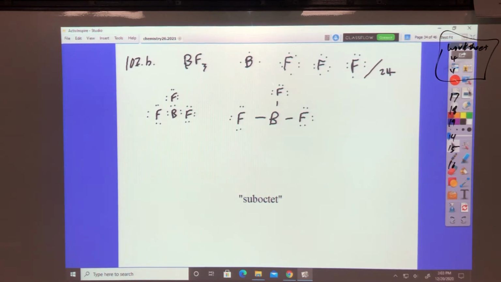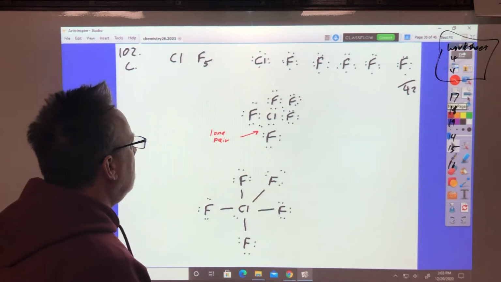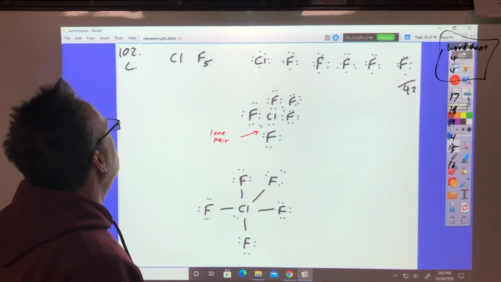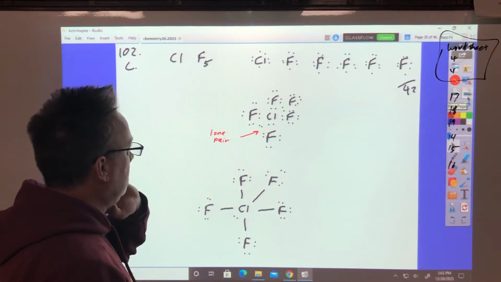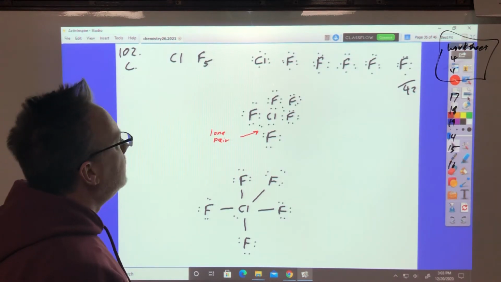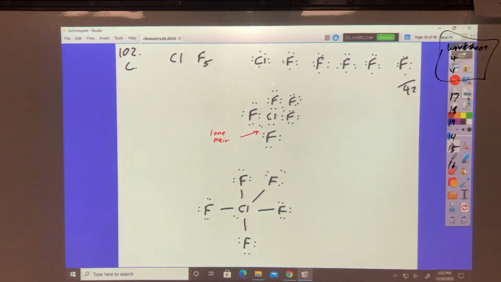ClF5, expanded octet. Putting chlorine in there. Oh, this one would be too hard to figure out. It has a lone pair off this chlorine. You about can't do this one unless somebody tells you how to do it.